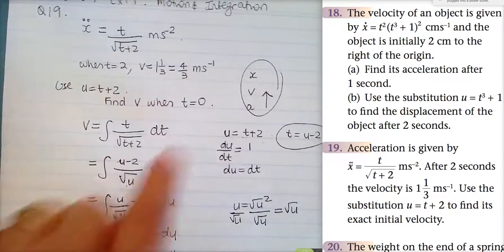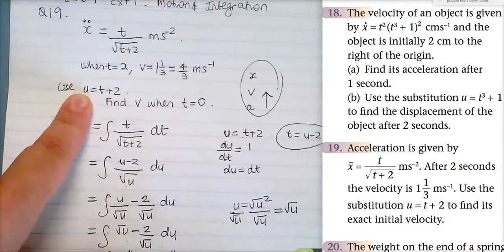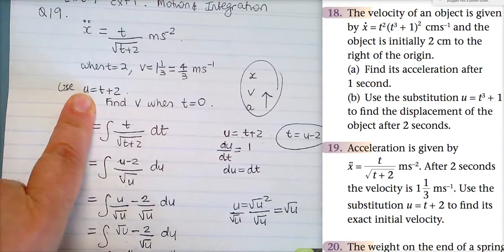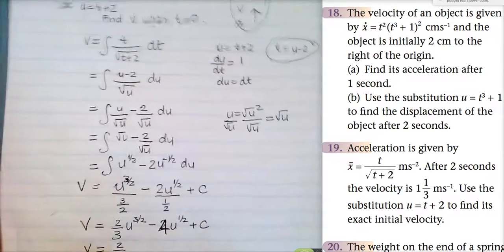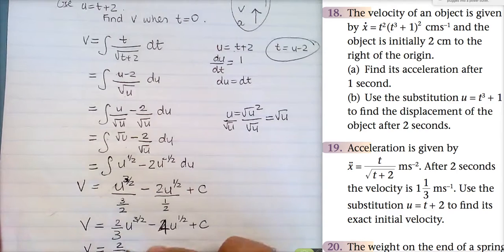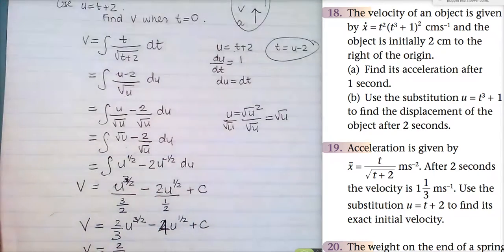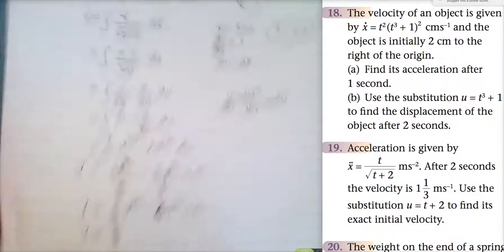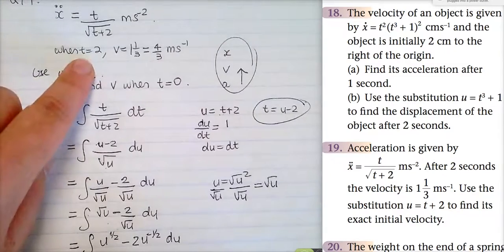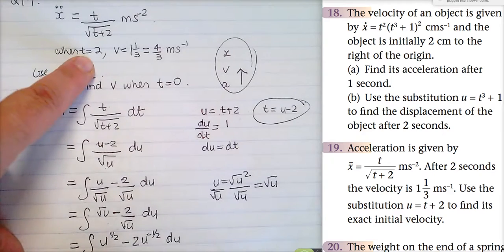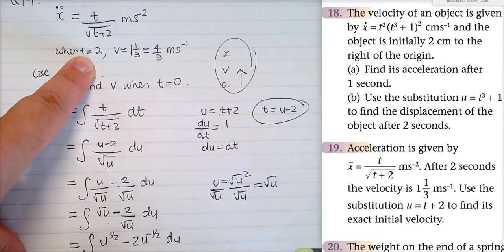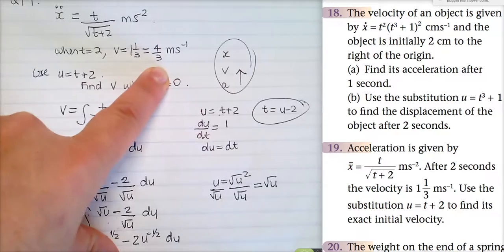Or, do you want to go when t is 0, u is 2? I suppose that's okay. Or I feel more comfortable replacing my u with t plus 2. You can do it either way. It's up to you. But do not go, you can't substitute when t is 2, v is 4 on 3. You can't do it.